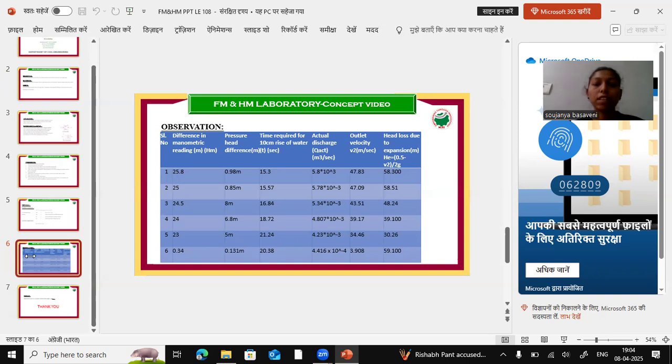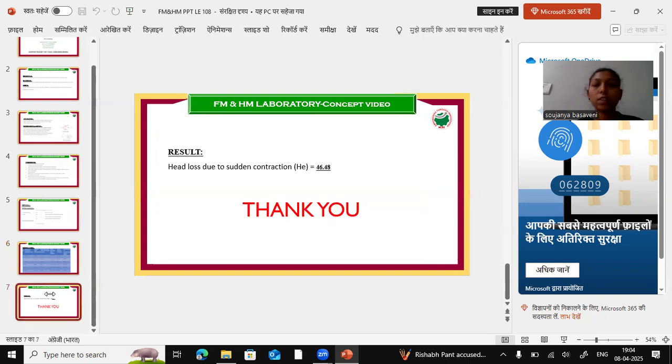Ignoring minor losses can lead to inaccurate predictions of pressure drop, flow rate, and energy consumption. So this is about the minor losses in pipe flow. Thank you, ma'am.